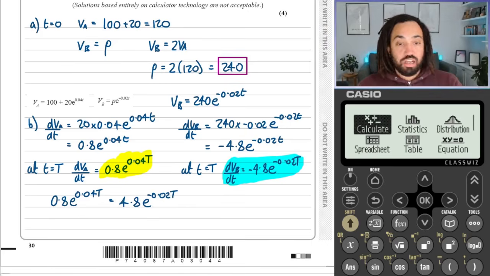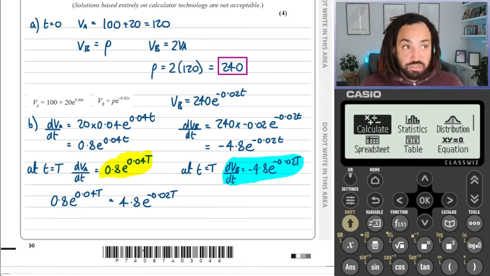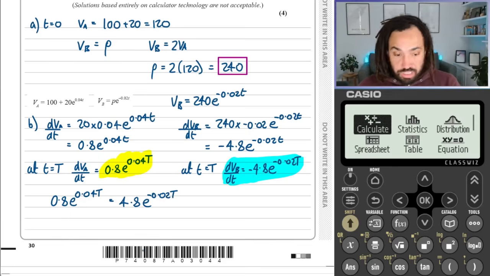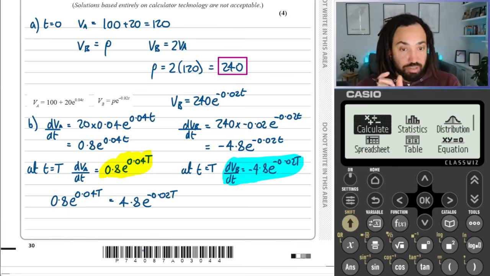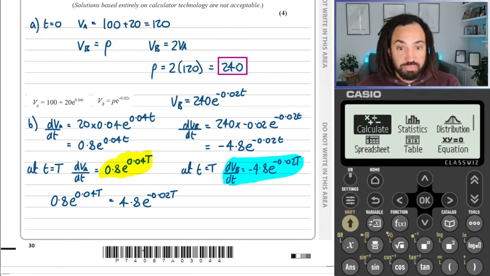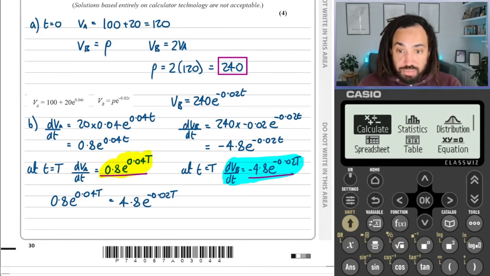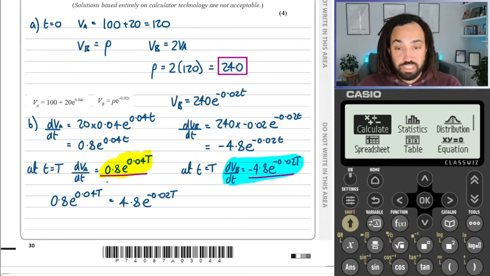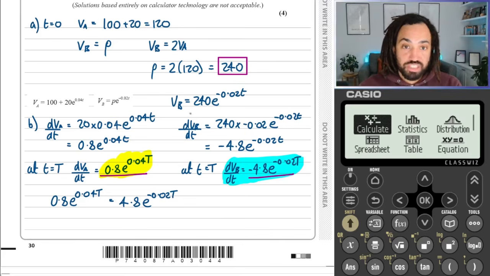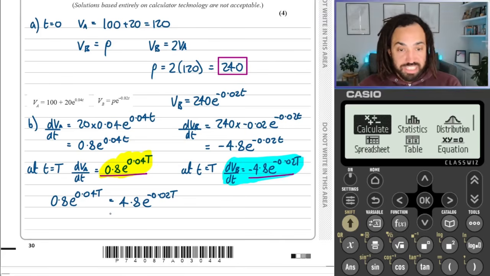The question says the rate of increase is equal to the rate of decrease, so the fact that one's negative and one's positive doesn't really matter, because we're comparing the rates, like how quickly this is happening. The magnitude of this one and the magnitude of that one are the same. So all that negative does is tell us it's a decrease, and the fact this is positive just tells us an increase, but we want the rates to be the same, so we just need to take the magnitude of each and set those equal to each other.